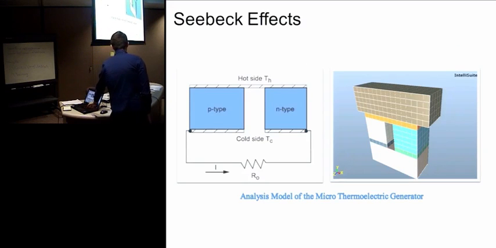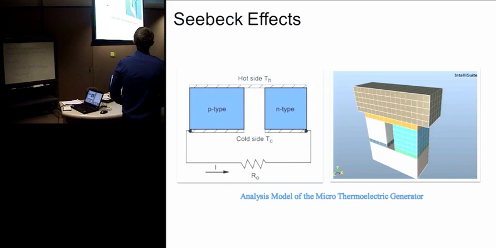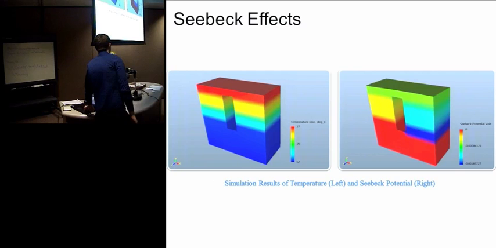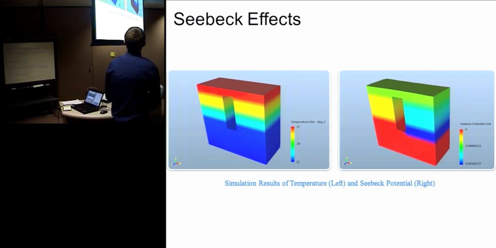We also take into account Seebeck effects and other effects that are common in MEMS devices. So here we have a view of some simulation results for the temperature and the Seebeck potential for this particular device.